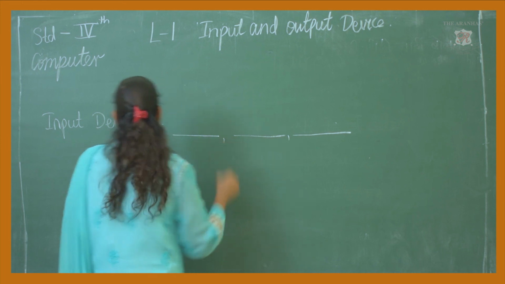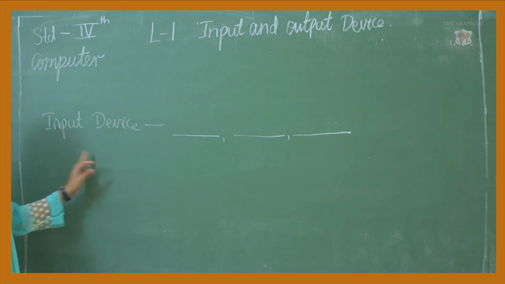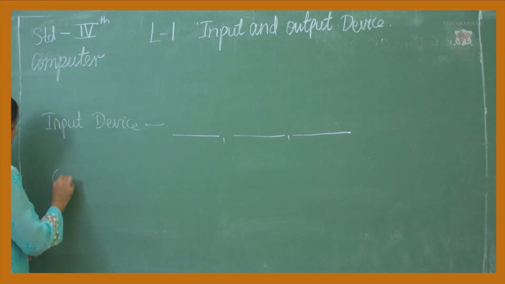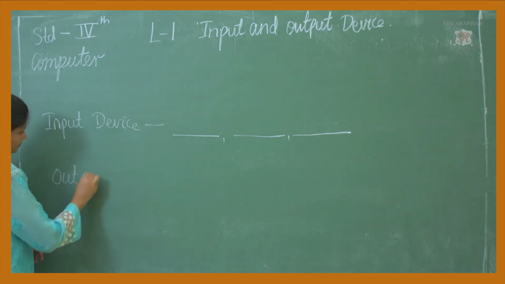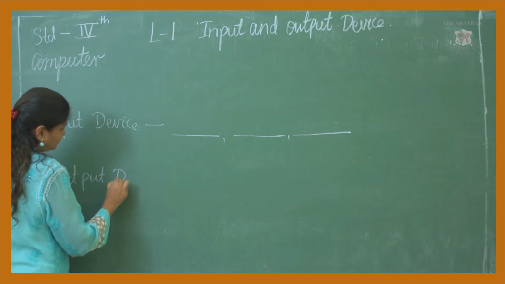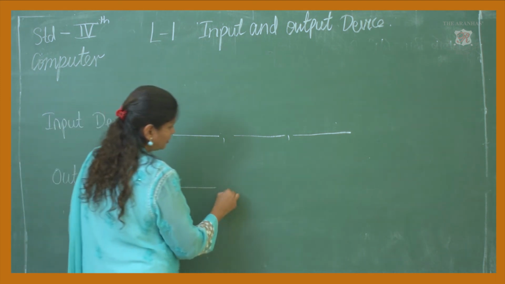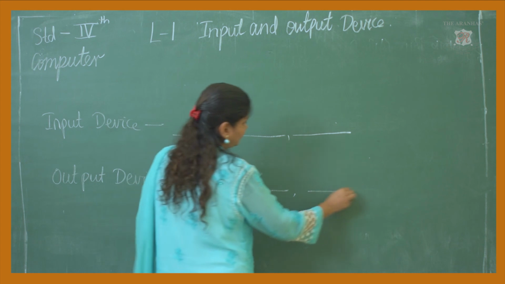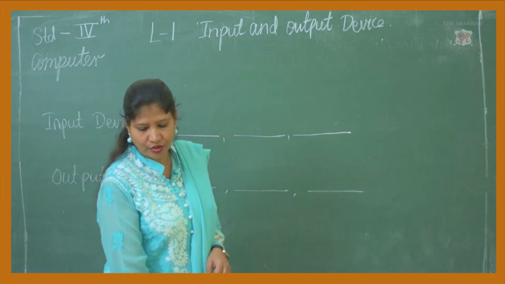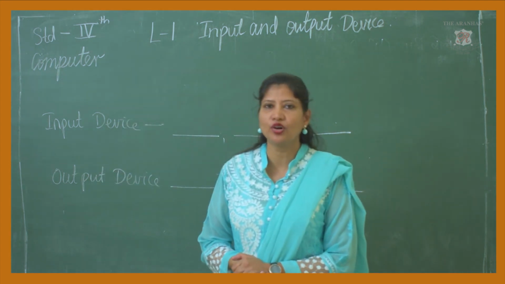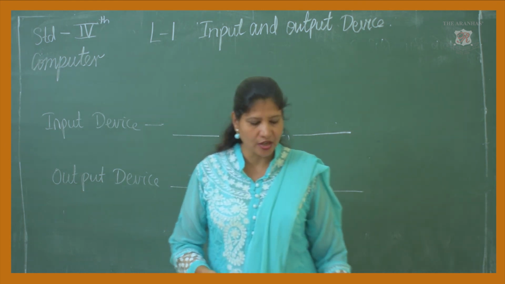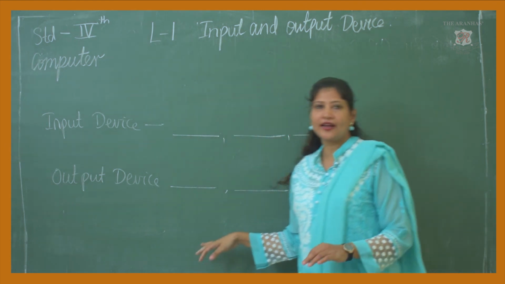Write three input devices, any three input devices and any three output devices. One, two, and three. I have told you what the input devices and output devices are. So this is some work I have given you to do.